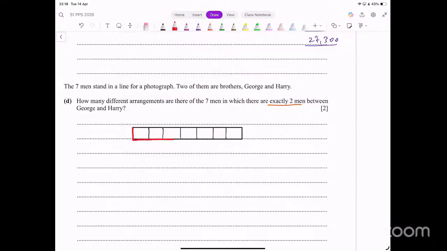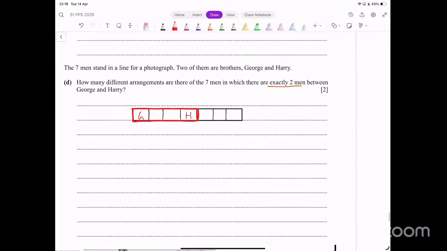At the end of this box, on one side we would have G, on another side we would have H. They can switch places with each other as well, right?